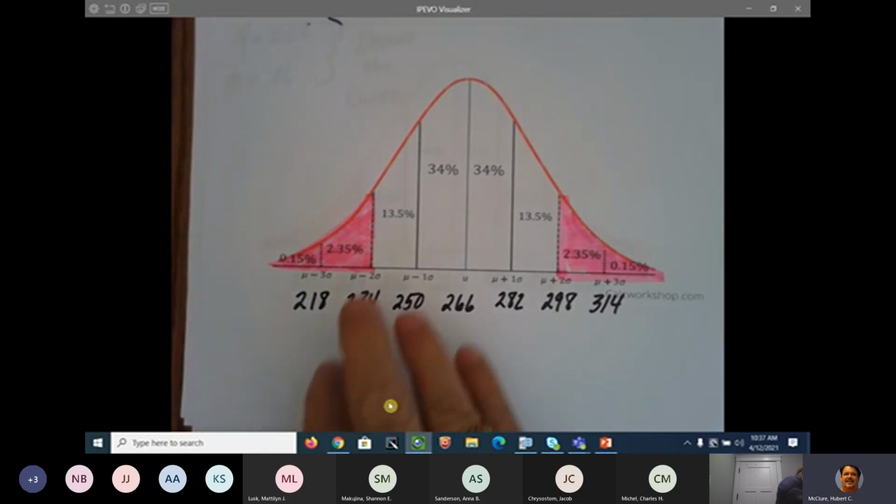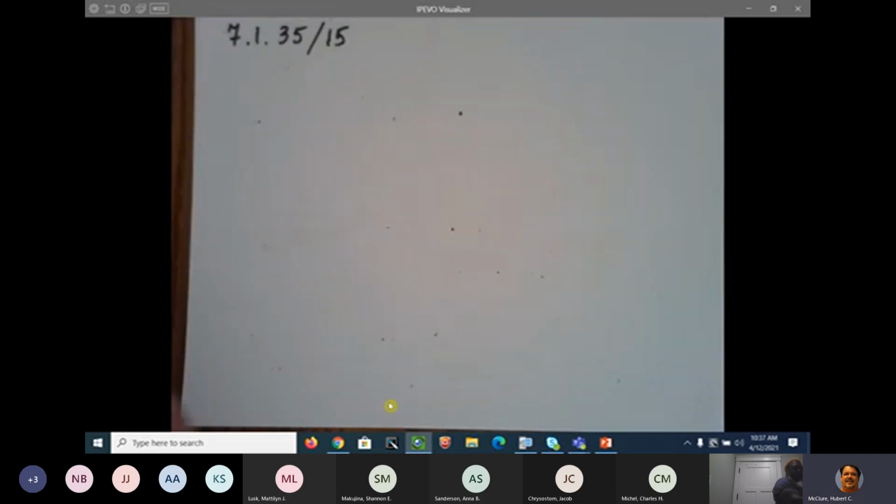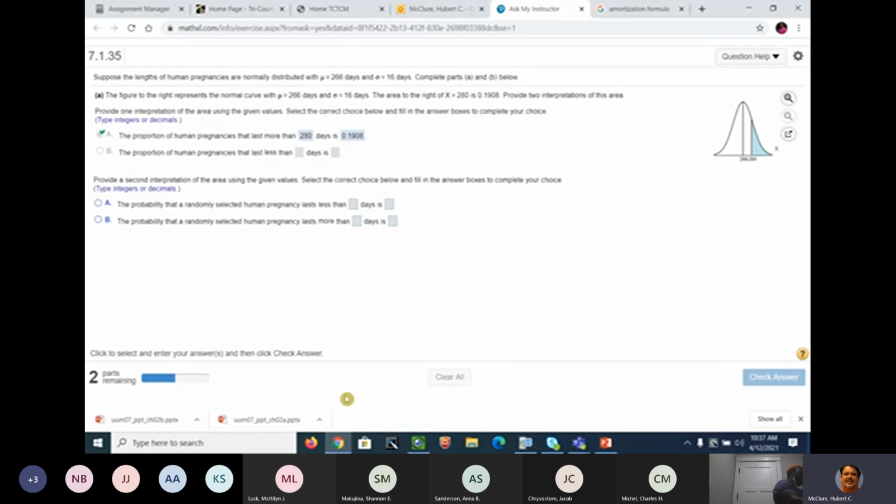The first question says, provide the area to the right of 280.